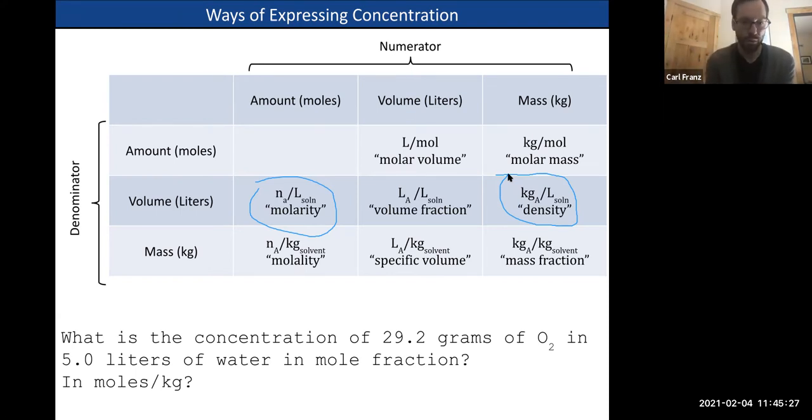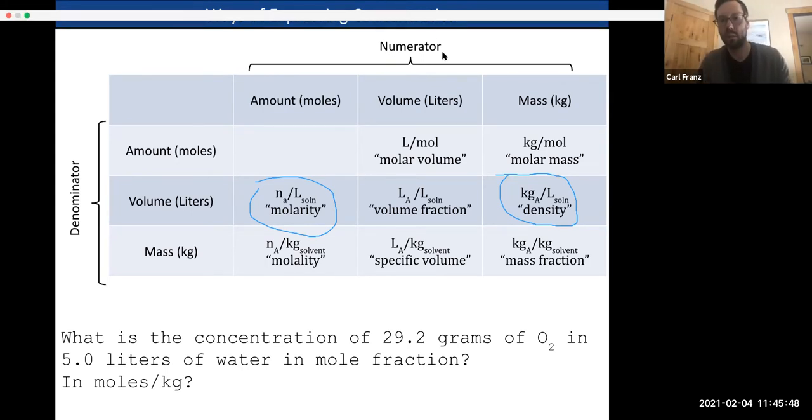Well, how do we find the moles of water? Again, we can take 5.0 liters and convert that into grams, and then divide by the molecular weight to get moles and add those two together, right?